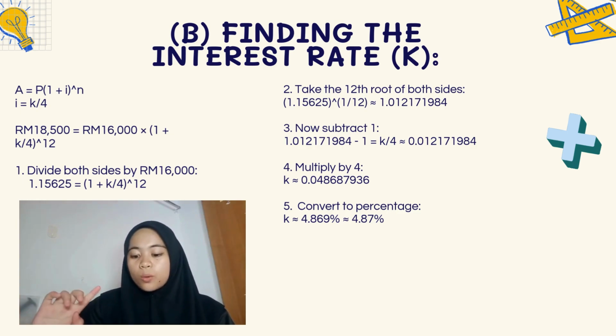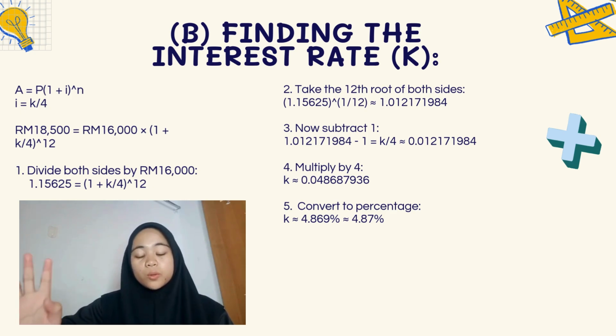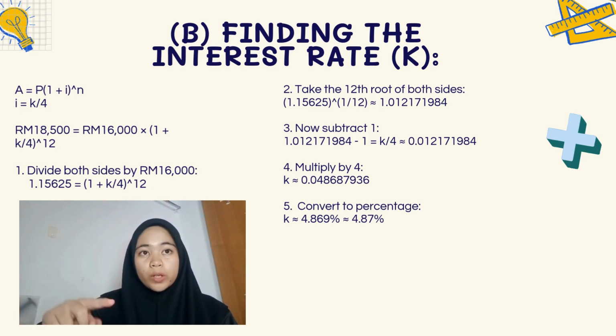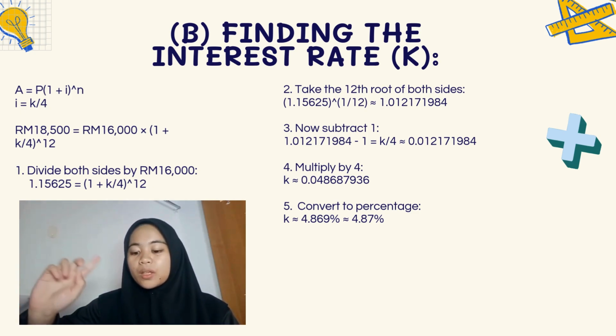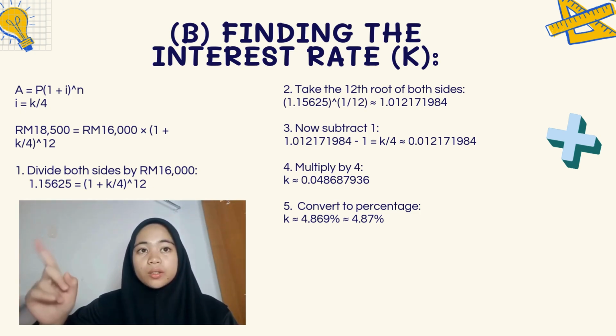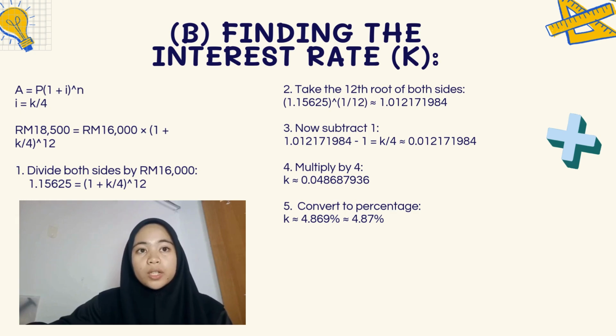The answer is 1.15625 equals (1 + K divided by 4) to the power of 12. So the power of 12, you need to move and make it the power of 1 divided by 12. So calculate 1.15625 to the power of 1 divided by 12.